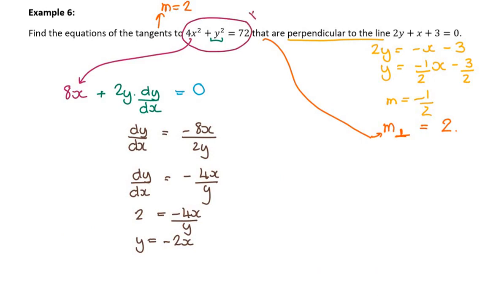I know that at this point the coordinates have to also obey 4x² + y² = 72. So these x values that I'm trying to find have to obey this first equation and the second equation, which basically means a simultaneous equation.